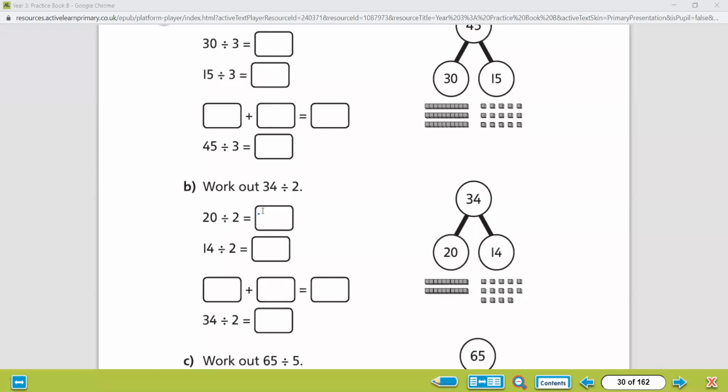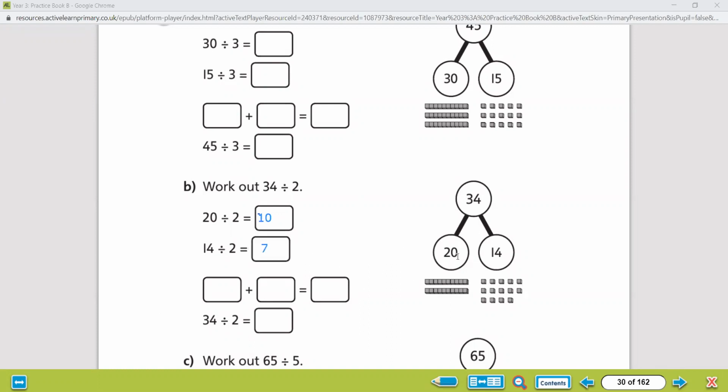Sorry, clicked on the wrong box then, Keller class. 20 divided by 2 is 10. I know that. I'm confident with my 2 times table. And again, 14 divided by 2, I know is 7.